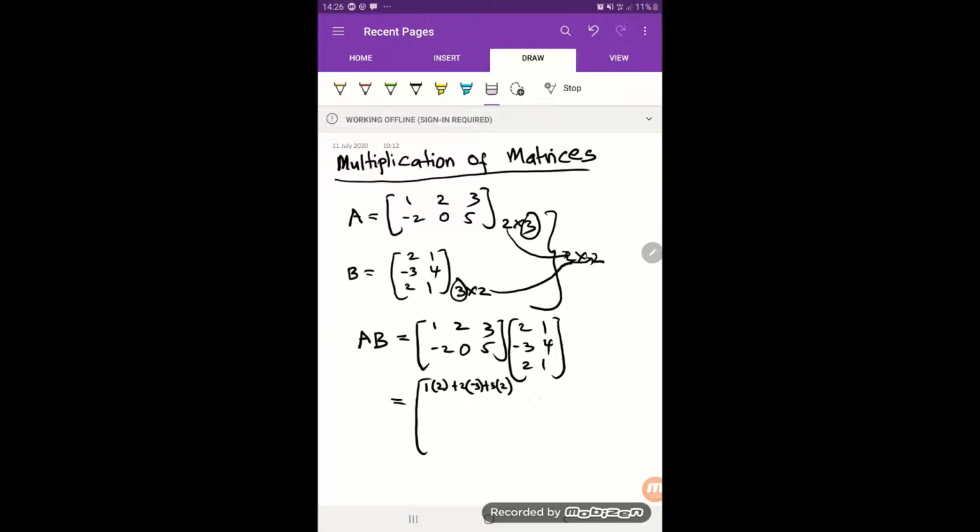And the second one, the first row of matrix A multiplied by the second column of matrix B. That means 1 times 1 plus 2 times 4 plus 3 times 1.